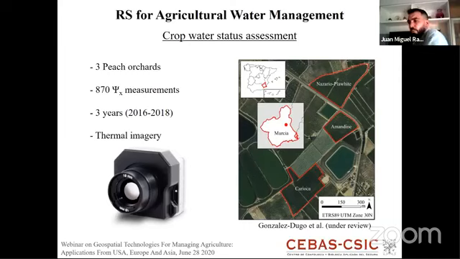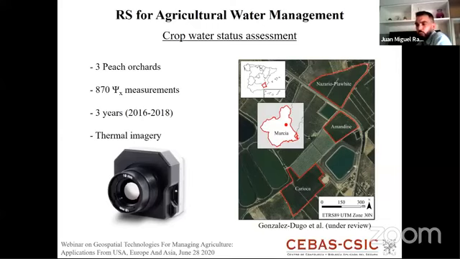The next example refers to a study in which the suitability of on-ground and remote-based thermal approaches were compared for identifying mean water stress in a peach orchard and its effects on midday stem water potential.